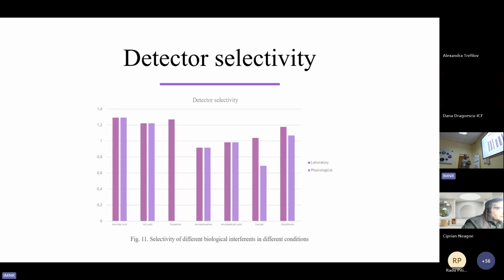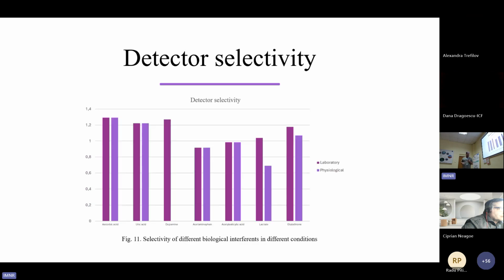Then I simulated the selectivity of the detector compared to the most common interferents: ascorbic acid, uric acid, dopamine, acetaminophen, acetylsalicylic acid, lactate, and glutathione.